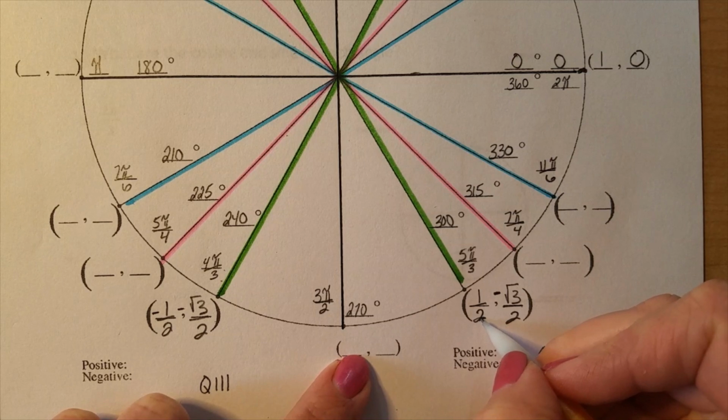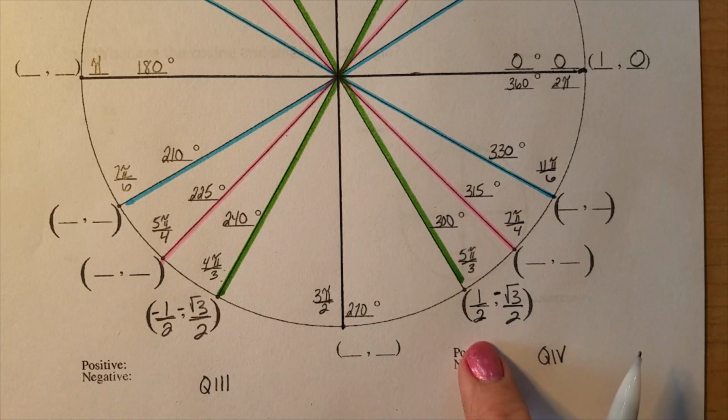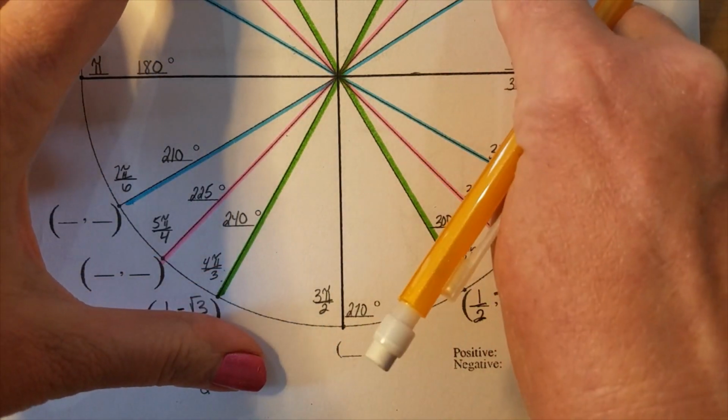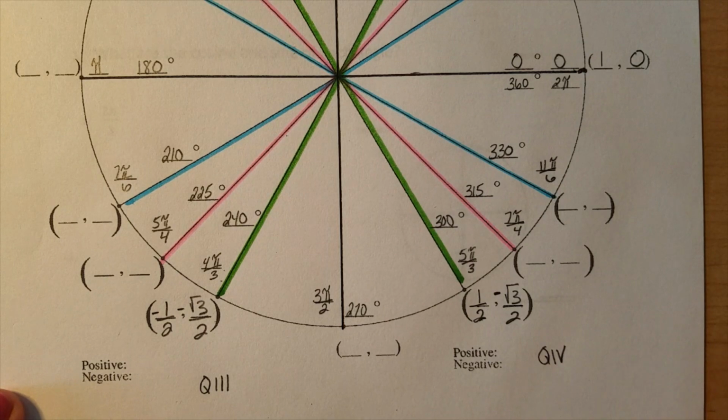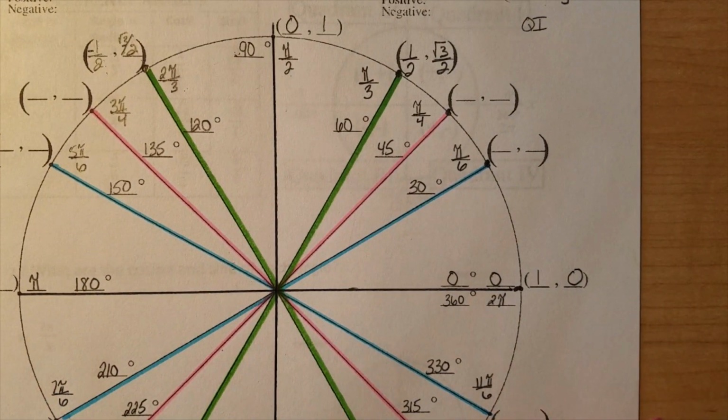This is where reference angles, coming up next week in 7.3, you're going to be having to evaluate functions using sine and cosine. If you know your reference angles and you just have these memorized, you're going to be good to go.